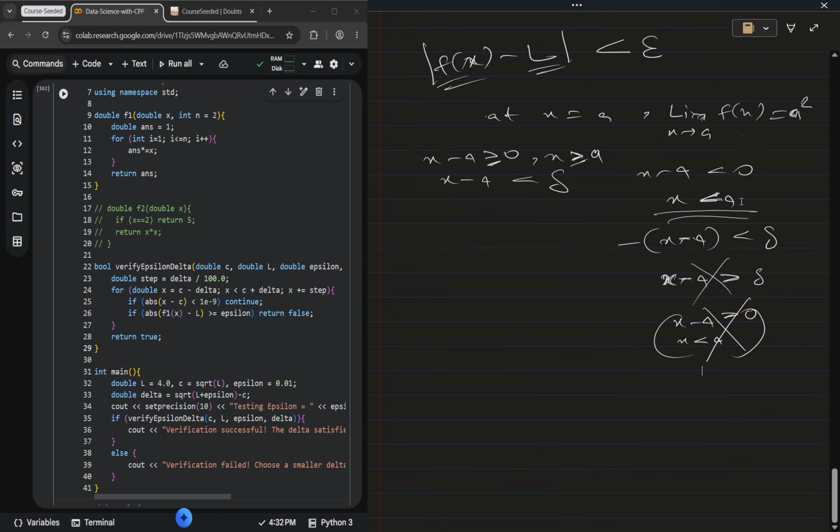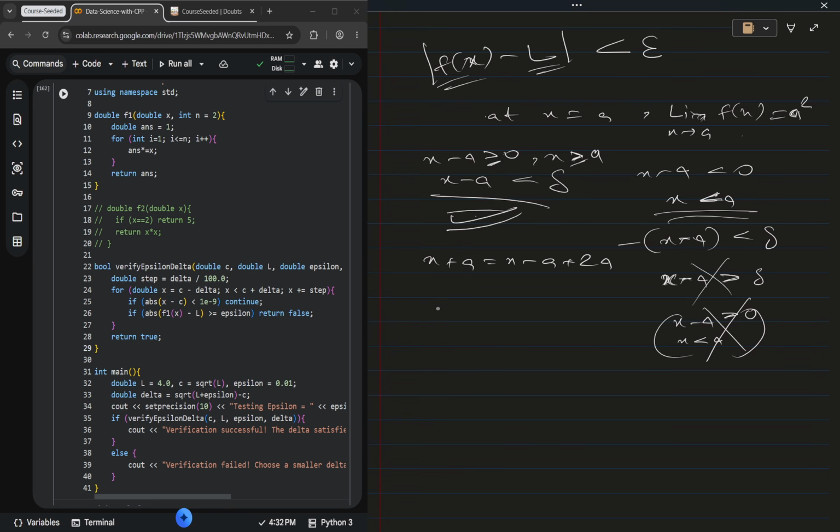So this condition you can just remove, and then you just have the condition x minus a less than delta. Then you get your correct equation, and you can verify this from here as well. For x plus a, you can write x plus a equals x minus a plus 2a.